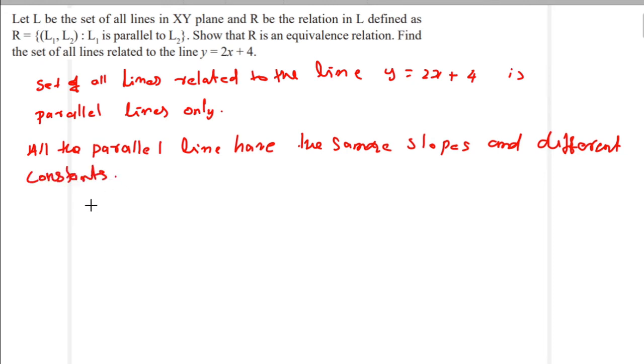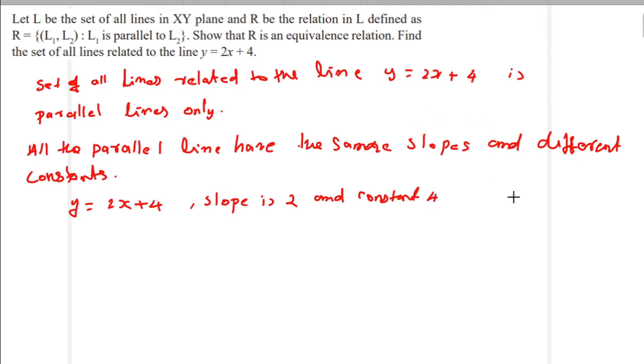So our given line is y equal to 2x plus 4, where the slope is 2 and the constant is 4.